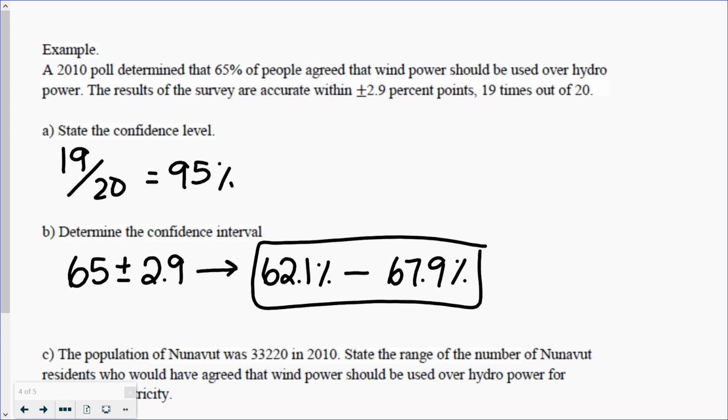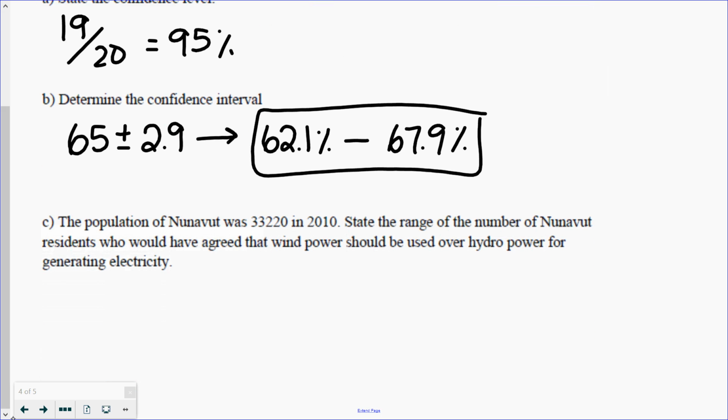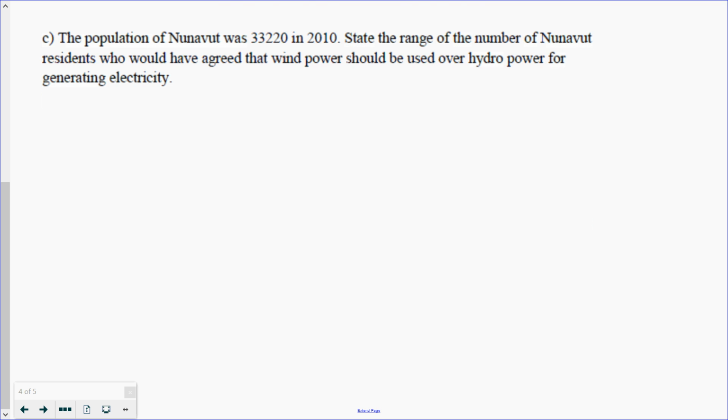So in 2010, the population of Nunavut was 33,220. State the range of the number of Nunavut residents who would have agreed that wind power should be used over hydropower for generating electricity. So again, what we want to do is use our confidence interval. Let me scroll up.